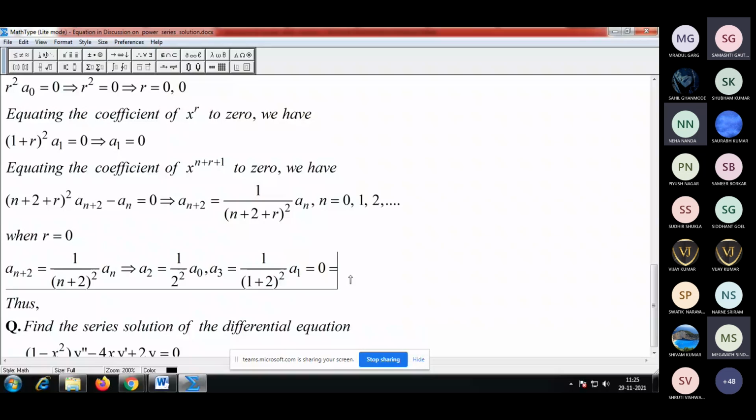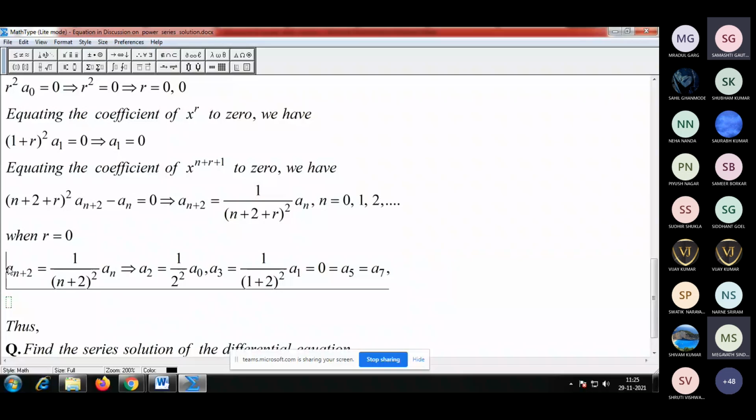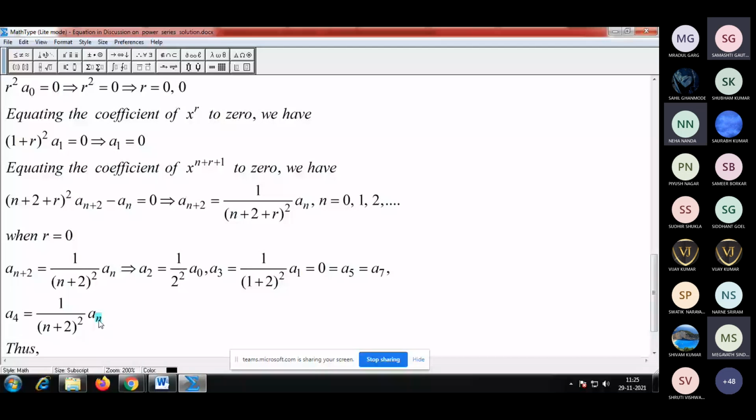So a3, a5 is 0, then a7 is 0, and so on. All the odd terms will become 0. And a2 is this, and now a4. When we think about a4, it means n equal to 2. So n equal to 2 means here 4, and 2 means 4 square.